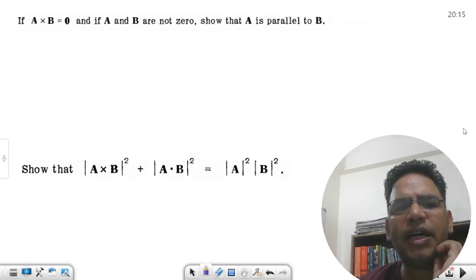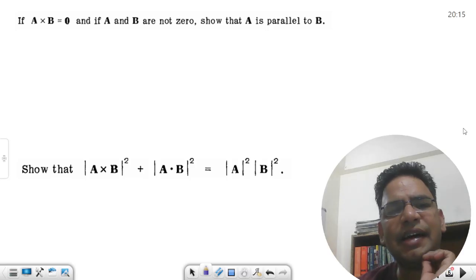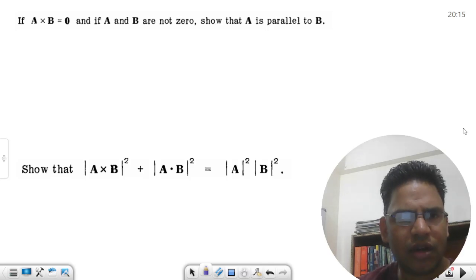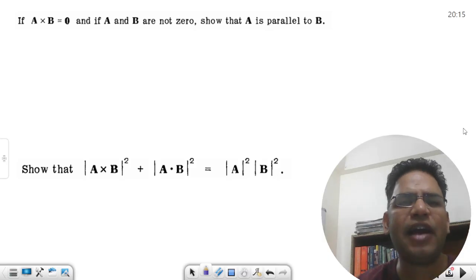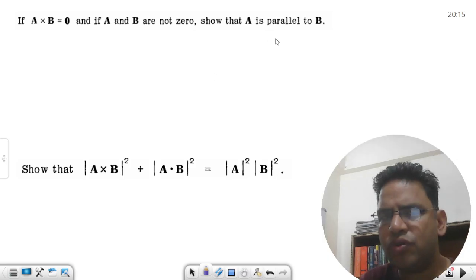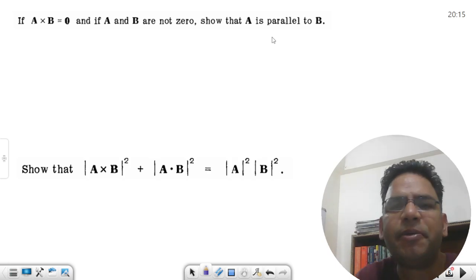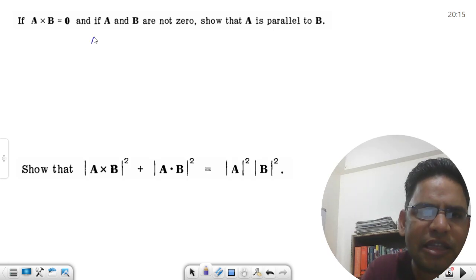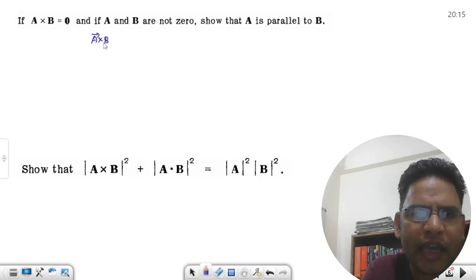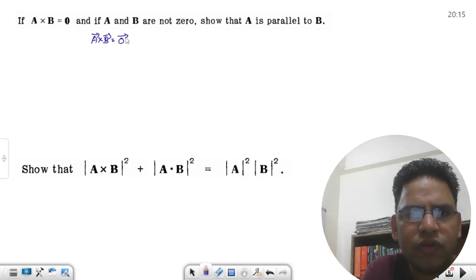Now, how do you do this? If A cross B is equal to 0 vector, and A and B are non-zero vectors, how do you interpret the result? Let's look at the mathematics. You have A cross B vector equal to 0 vector.